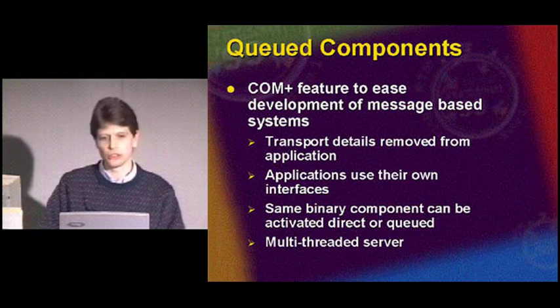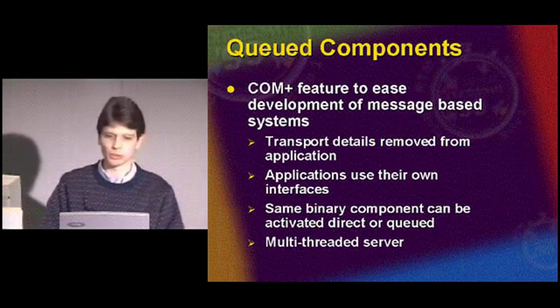With queued components, applications use their own interfaces, so it's exactly the same as the DCOM model from that perspective. The application programmer defines components with interfaces, and the clients use those interfaces to interact with the components. And how the messages get from the client components to the server components is completely hidden by the queued components infrastructure.